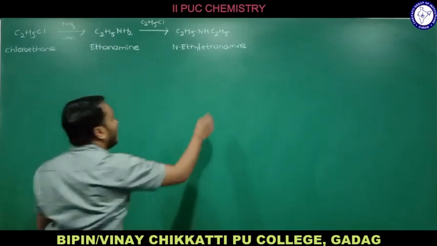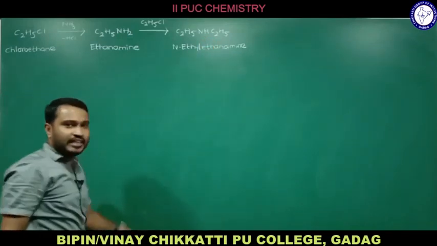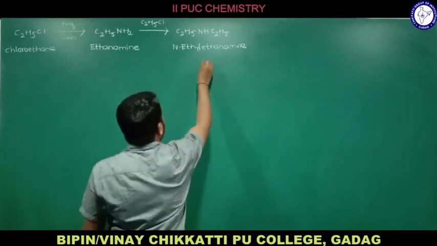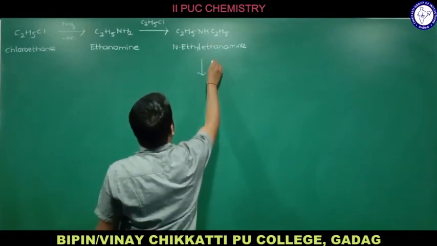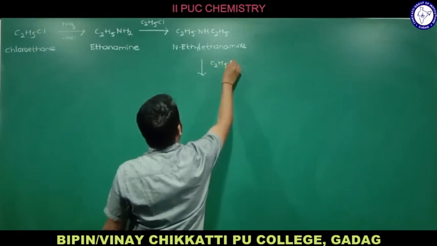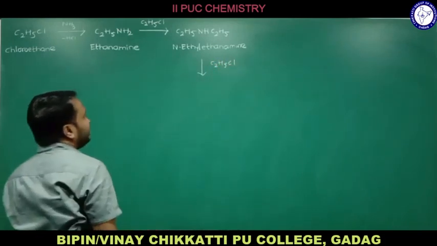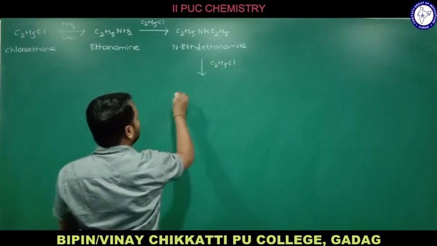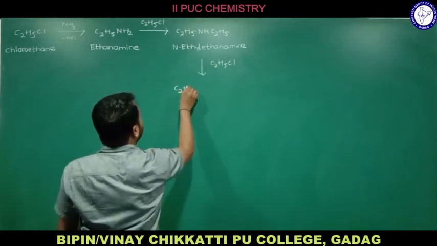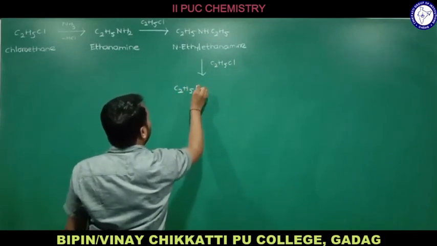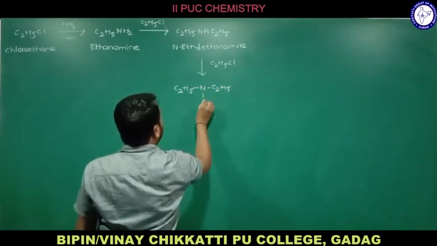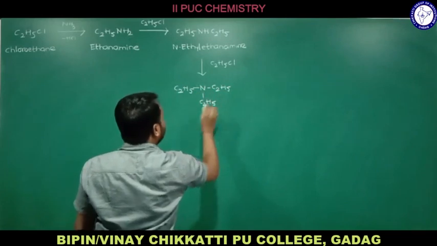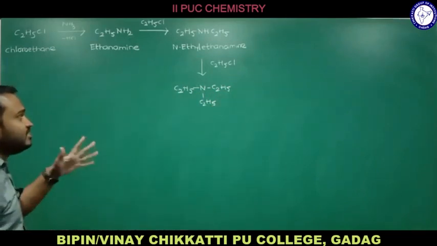This compound again contains one hydrogen that also can be replaced, isn't it? Now you consider this amine, and I am going to consider an alkyl halide, that is chloroethane or ethyl chloride, and the last hydrogen is going to be replaced. We get C2H5 bonded to N, C2H5 over here, and the hydrogen is replaced by C2H5, which is a tertiary amine.